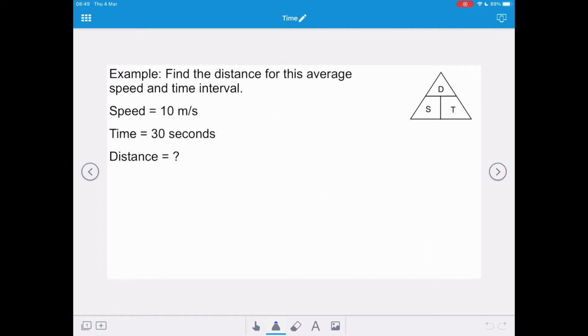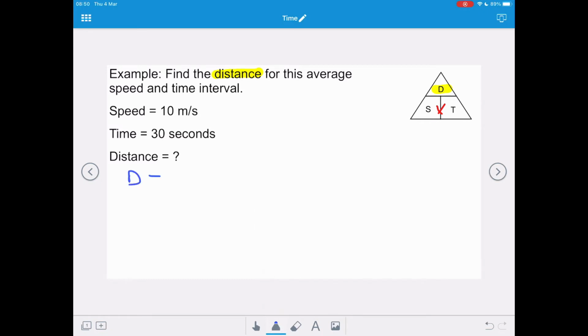Now in the first example, we want to find the distance for this average speed and time interval. We've got a speed of 10 meters per second and a time of 30 seconds. Distance is the top of our triangle. It's d, which means that we're doing s multiplied by t to work out the distance. And that cancels the time out.